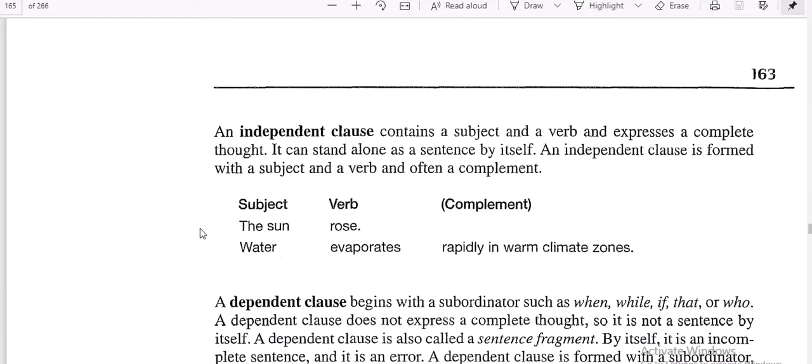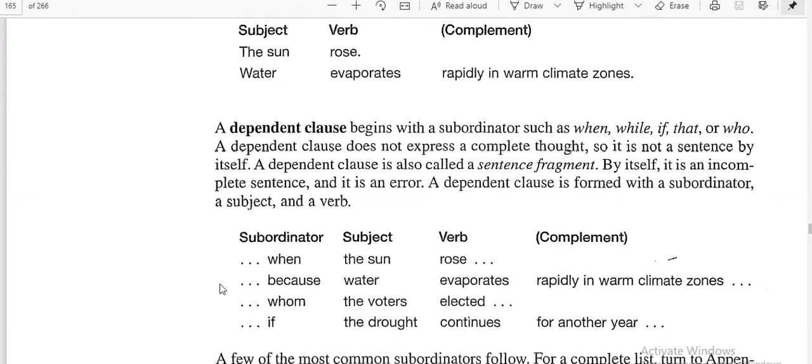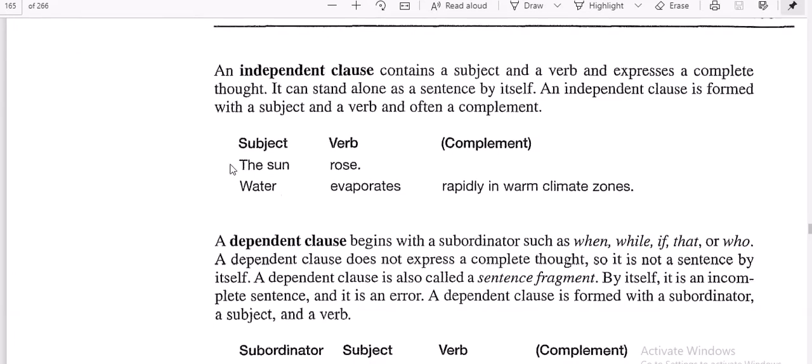If we add here a subordinator, this independent clause will be converted into a dependent clause, as in this example: when the sun rose. So here, "the sun rose" is what? An independent clause.